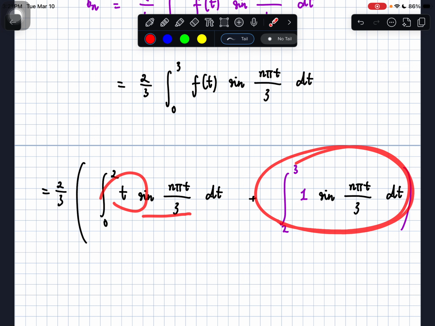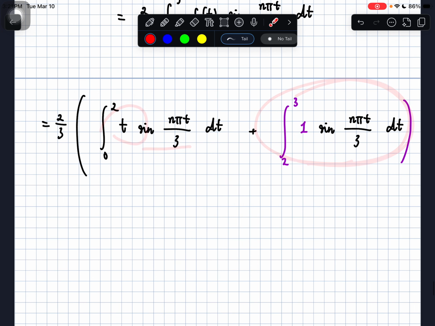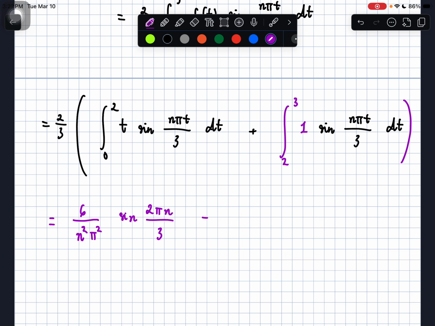You can get the answer immediately. So you do the computation, and you will get this. It's really big. 6 over n square pi square sine 2 pi n divided by 3, minus 2 over n pi, and inside you have minus 1 to the n cosine 2 n pi over 3.